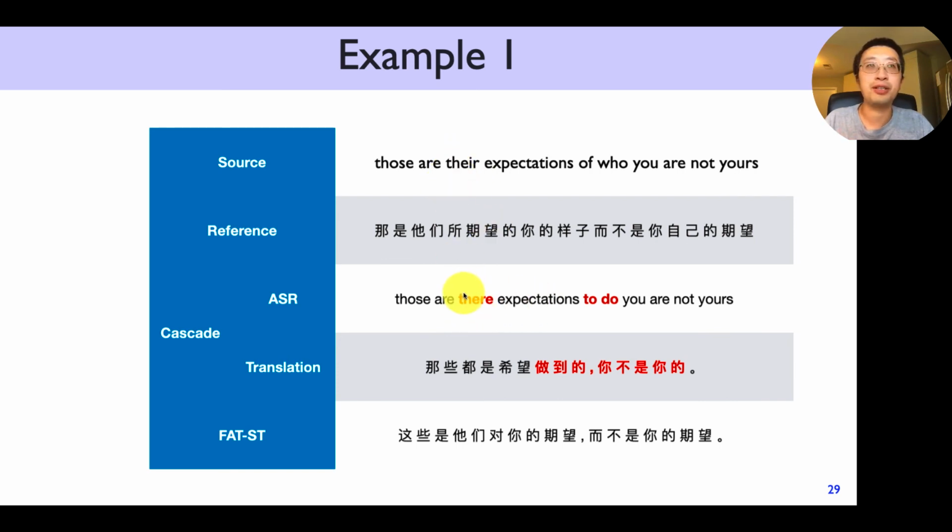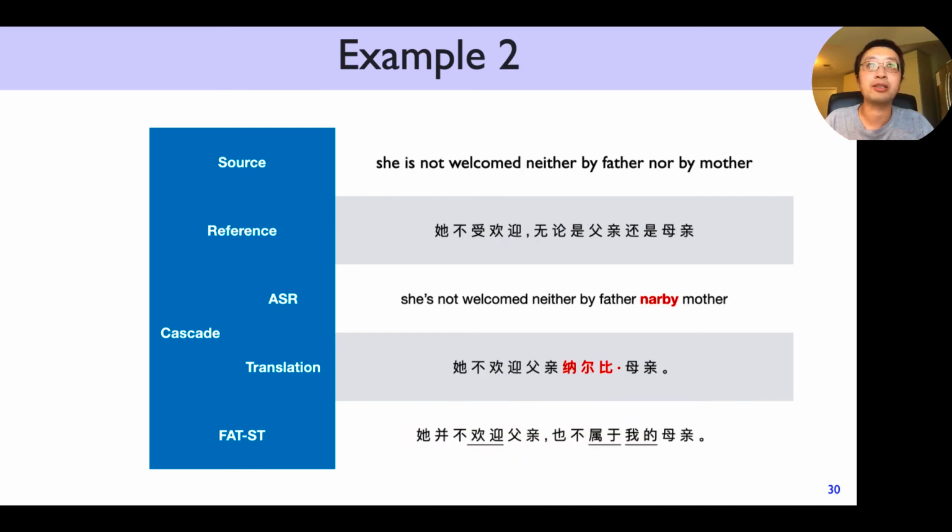It's hard to differentiate, especially in a streaming ASR setting. And then the translation is, of course, totally wrong. But our direct translation system is much, much better. It's actually a perfect translation.